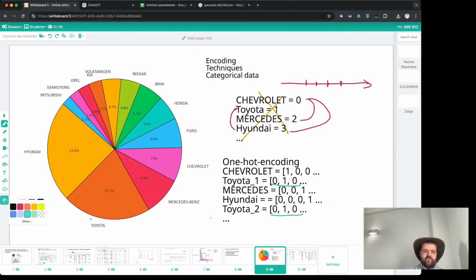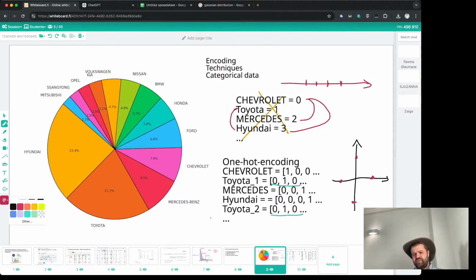And what happens if I visualize this? Of course there are many dimensions now because we have not just two car brands but many car brands. But if I plot it in a many-dimensional space, or a two-dimensional space if there were just two types of cars, then let's say here is the Toyota, here's the Hyundai, here is the Mercedes, here is the Chevrolet.